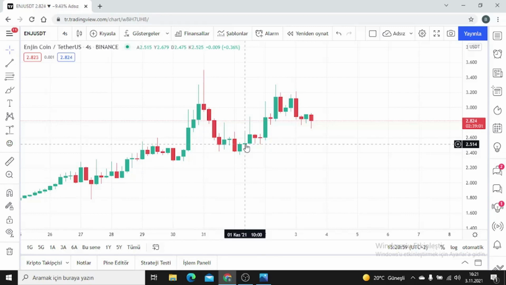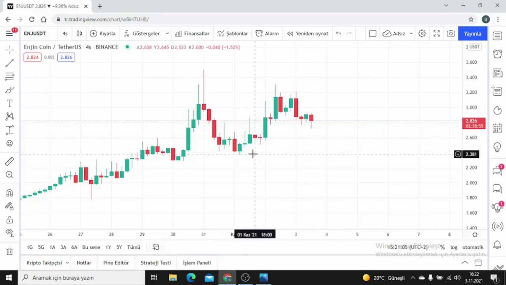This is our priority, so when we talk about the chart, we first look at the candle formation without doing anything else on the chart. We look to see if there is a candle formation here. It may or may not exist, friends.